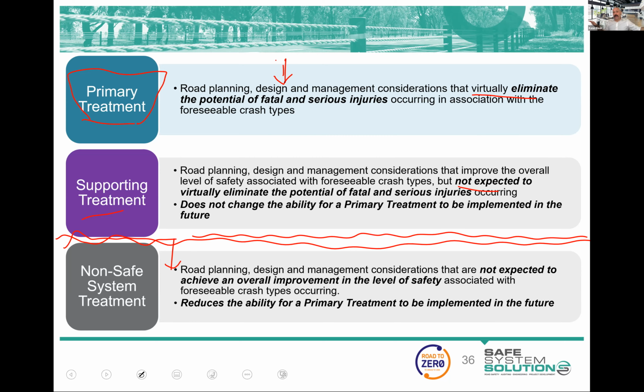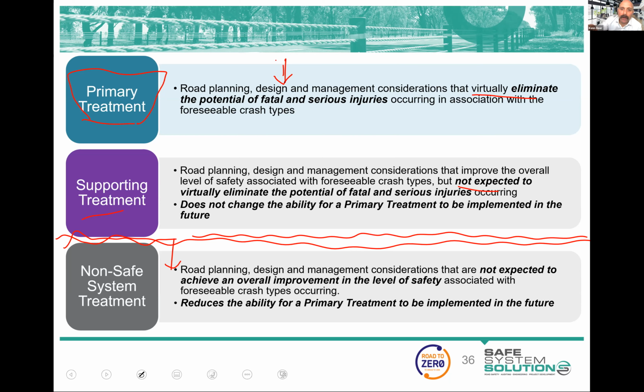That would be another way to do it because there is no ability for that crash to happen. Or you're going to have to get the angles of crashes and these sorts of things, the energy, down. So what we tend to put into these categories are things like raised pedestrian crossings when you're going to get speeds way down and the likelihood's way down and everything's good, or roundabouts, for passenger vehicle crashes and the like.